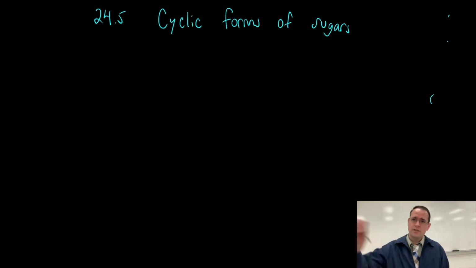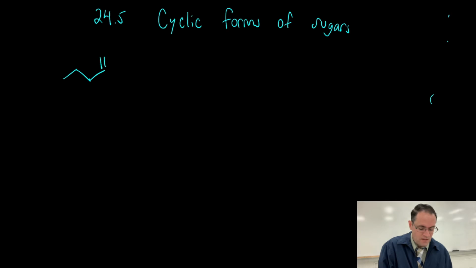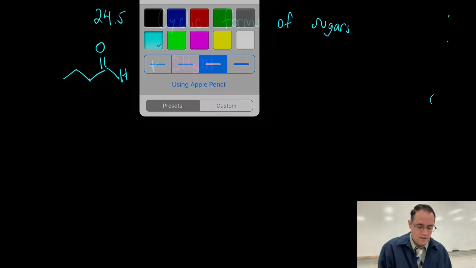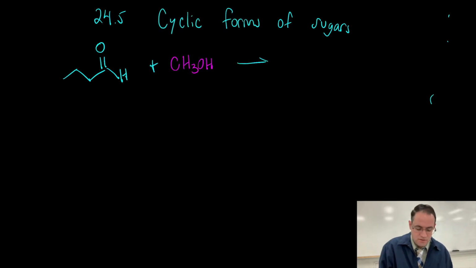The first thing we want to do is review acetals. Remember that if you have an aldehyde, this can react with an alcohol, usually under acid conditions, to give you a hemiacetal.